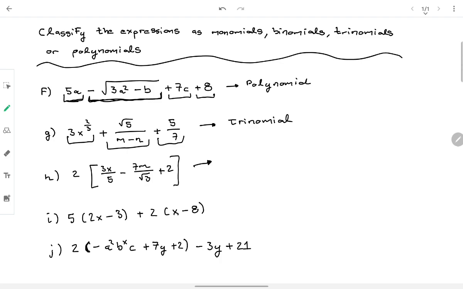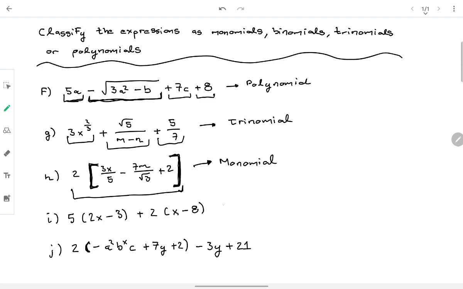We can see three different terms. But remember, if something is between brackets or parentheses, it can be treated as a monomial. So this is a monomial. If it gets multiplied by a number, it stays as a monomial. So this will be only a monomial.